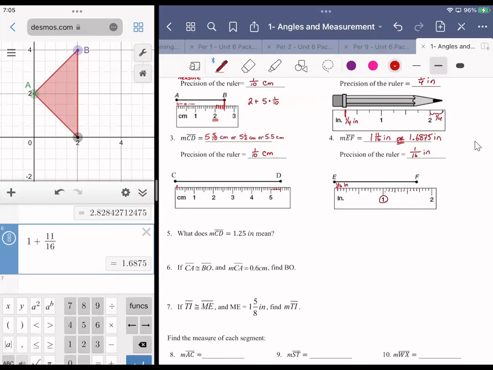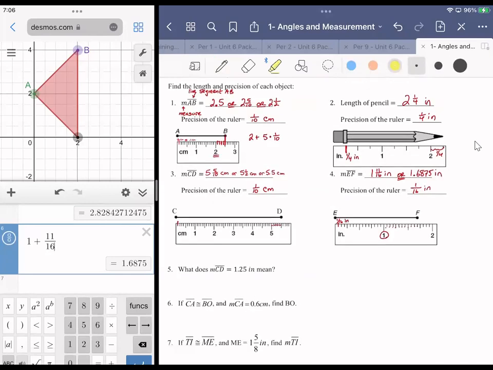All right. So then what does the measure of CD equals 1.25 inches mean? Oh, okay, so now we're getting philosophical. What we're looking at is a measure of precision, because if you go to the decimal values that we were looking at here, for each problem we had a 0.5.